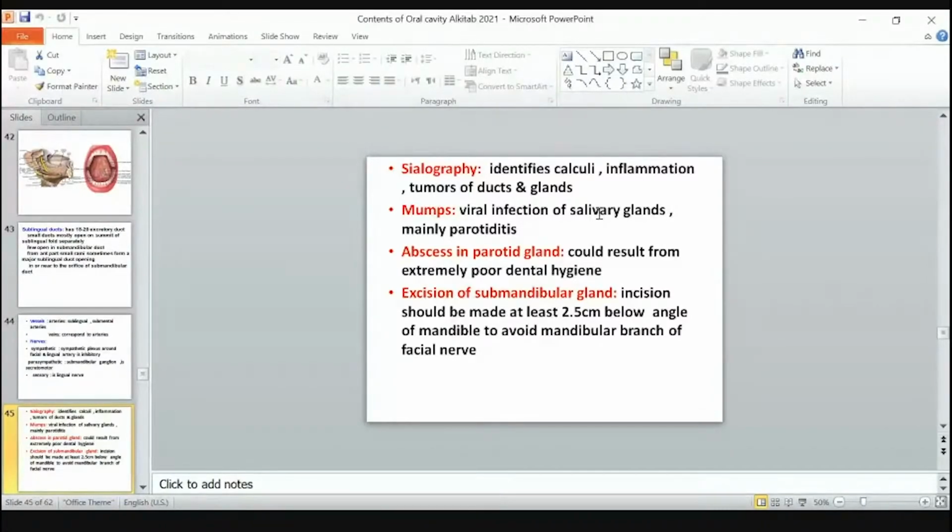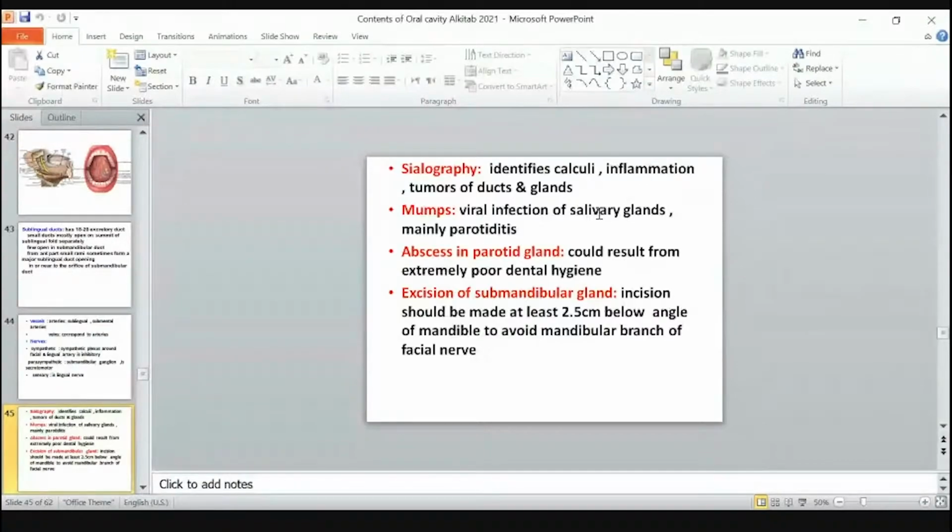This identifies obstructions or narrowing in the ducts of the salivary glands due to any cause, due to stone formation, calculi, calculus or stone, if it is due to inflammation, due to infection by bacteria or viruses, or sometimes due to tumors of the duct and the gland leading to obstruction. We can detect abnormalities in the ducts by this process.